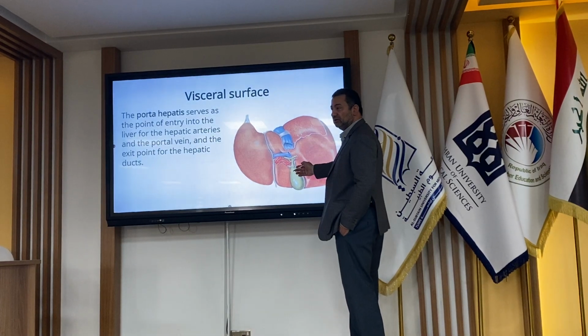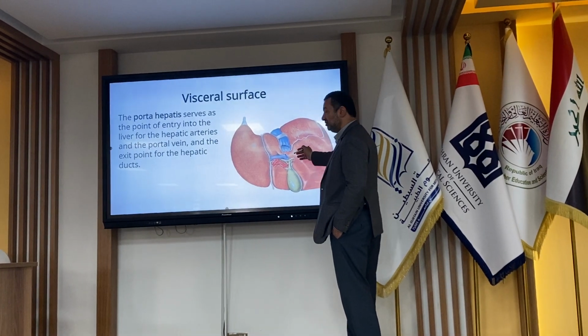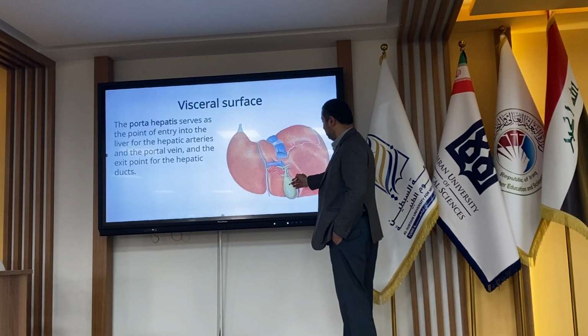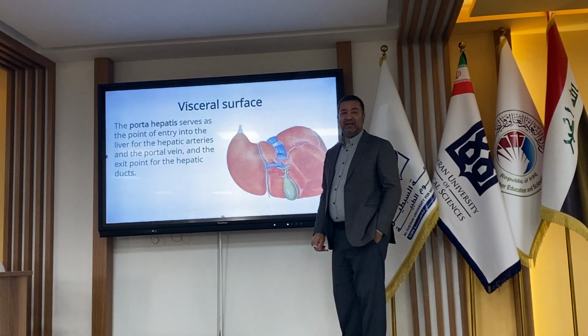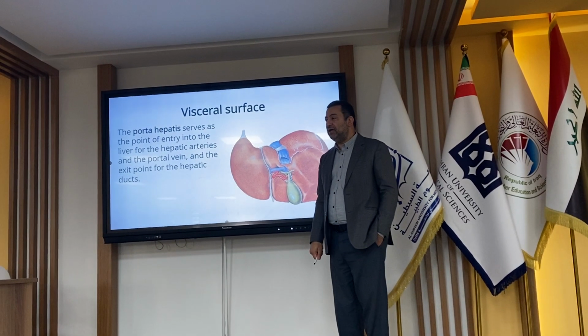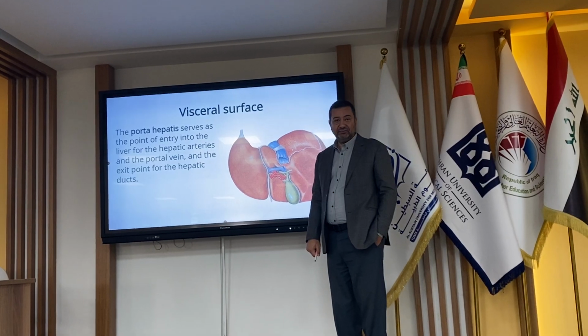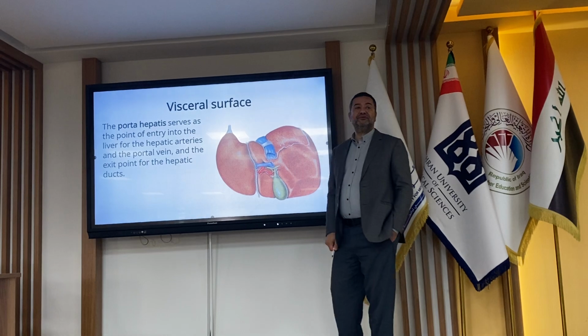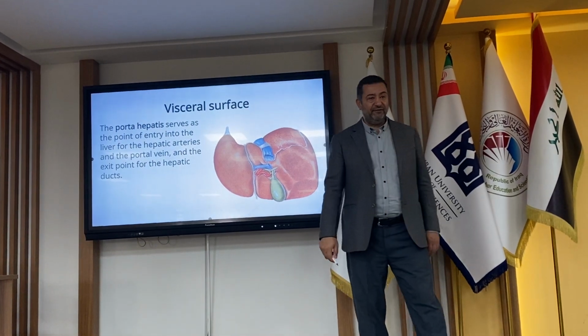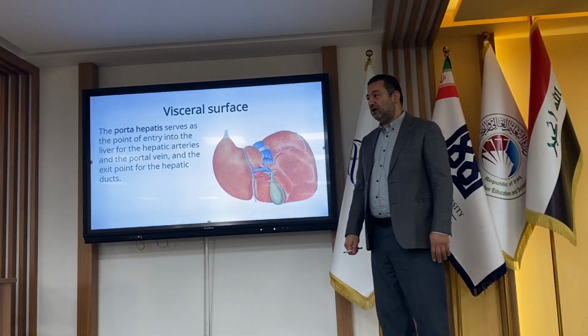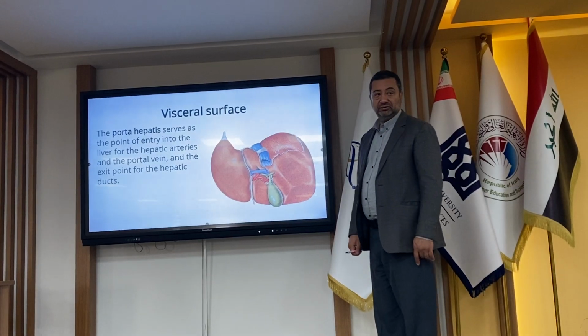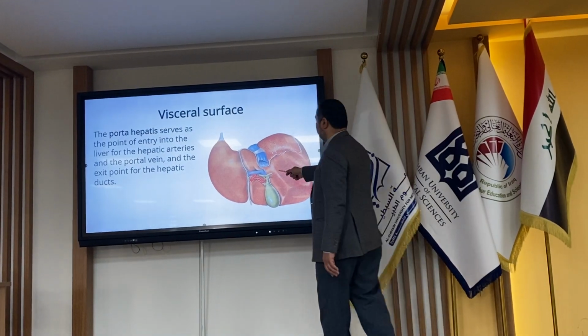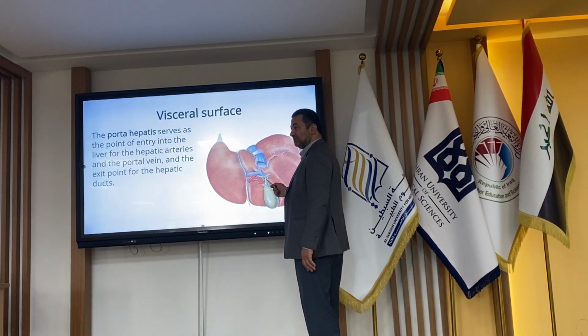On the right side, the anterior part is the location of the gallbladder. There is a sulcus for the gallbladder. And the posterior part is a sulcus for the inferior vena cava. Okay? This is the inferior vena cava, and this is the gallbladder.